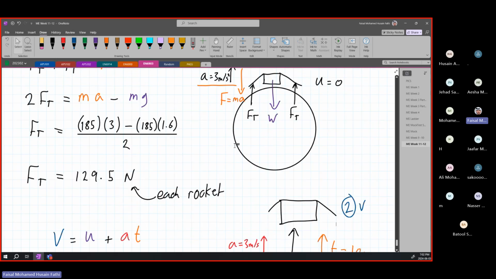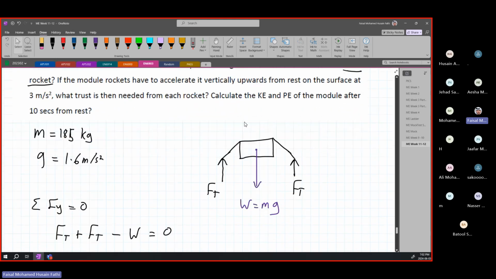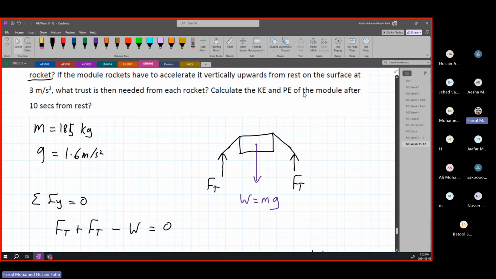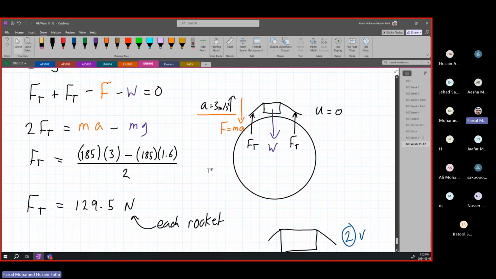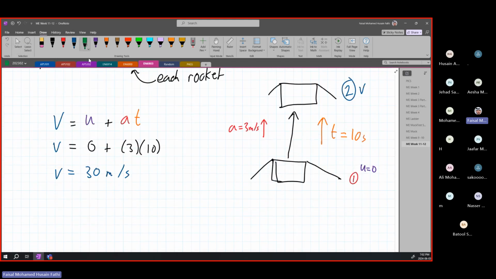We can find our kinetic energy. But the question, what does it say? It says calculate the kinetic and potential energy of the module. What do we need for potential energy? We need to find our height, or in other words, the distance from here to here. Our S, in other words, our displacement. Again, this is linear motion, so we can use our S equation, you can use any one of them.